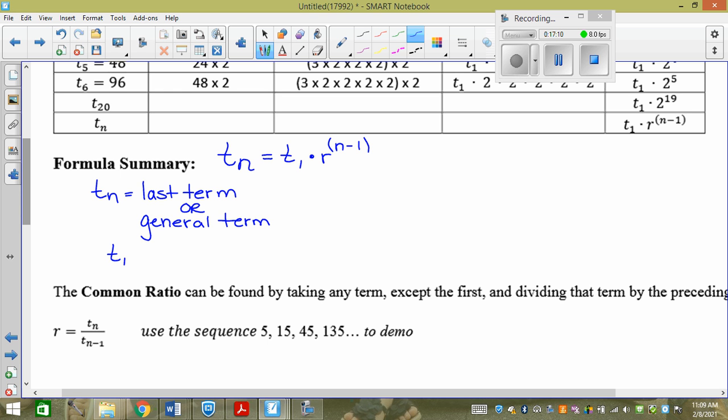T1 is still the first term. N is still the number of terms. R is just the common ratio.